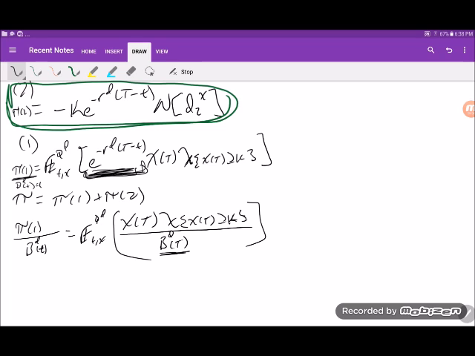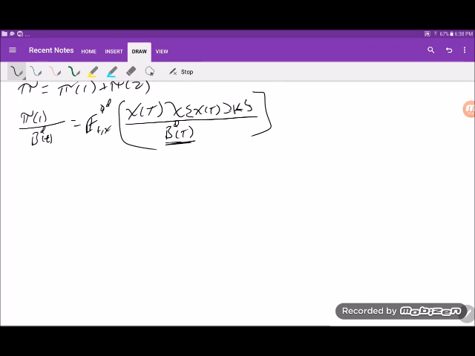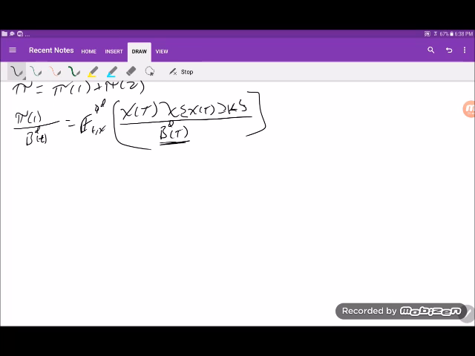So why write it like that? Well, it'll make a lot more sense when we change measure. So we're going to change the numeraire here, because I'd really like to get rid of this conditionality, this conditional term.